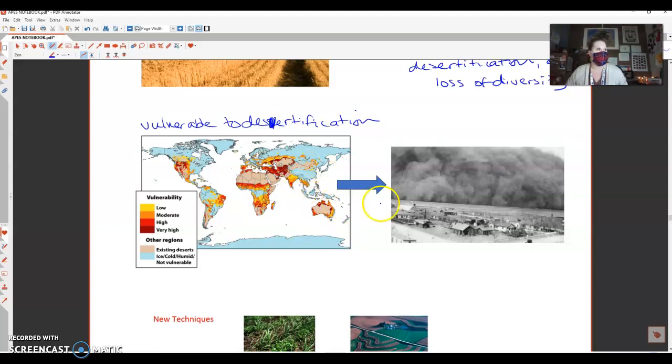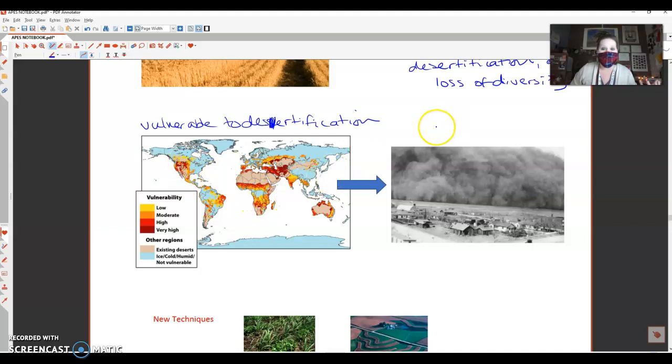So these places are where we see the highest amounts of, in the United States, where we see the most of our agriculture, which also is putting that soil more at risk of becoming desert-like. So also you can see in parts of Africa, a lot of it is desert. So we don't want to end up having desert-like soil.